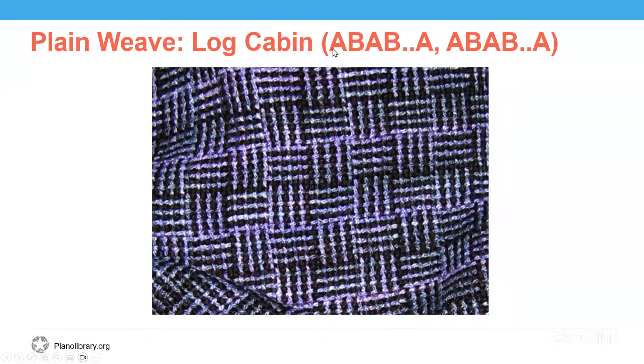But instead of repeating this in perpetuity, we would end it on an odd number. So we would do maybe five, maybe seven, maybe nine stretches of A, B, A, B, A. And then we would repeat that pattern for the weft as well.